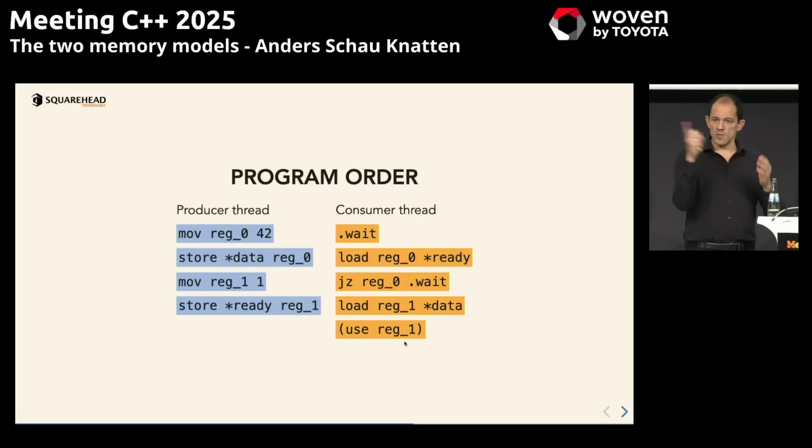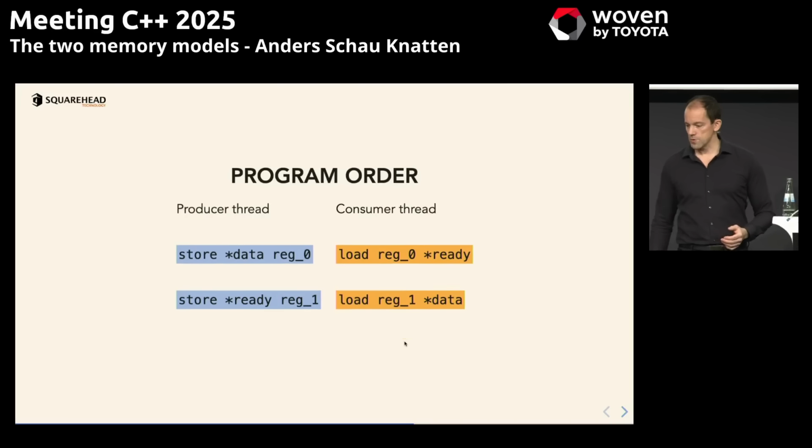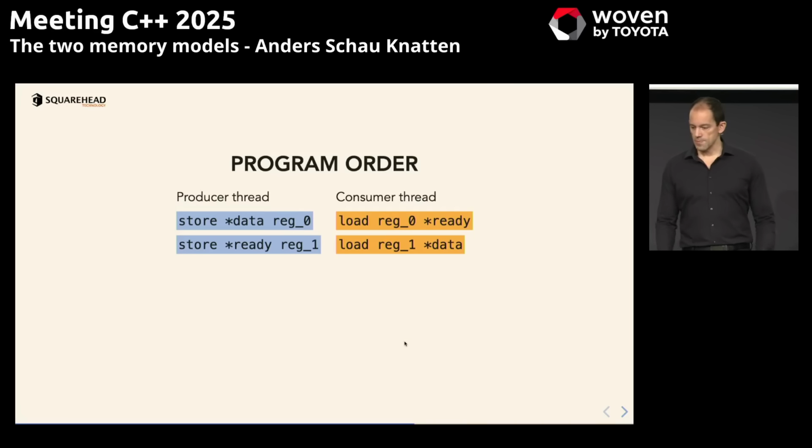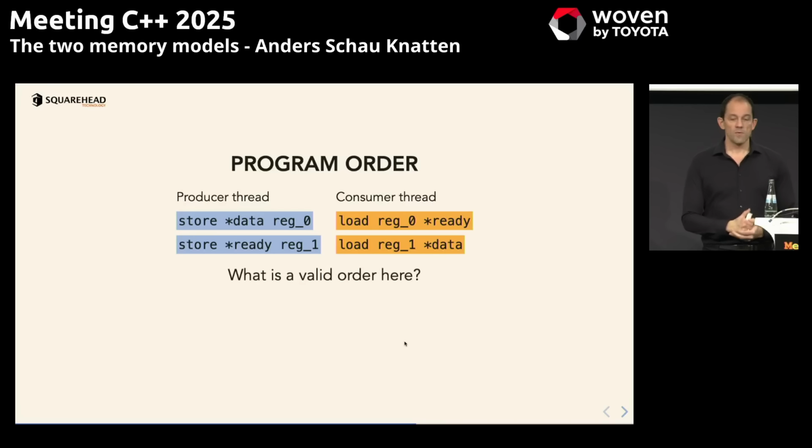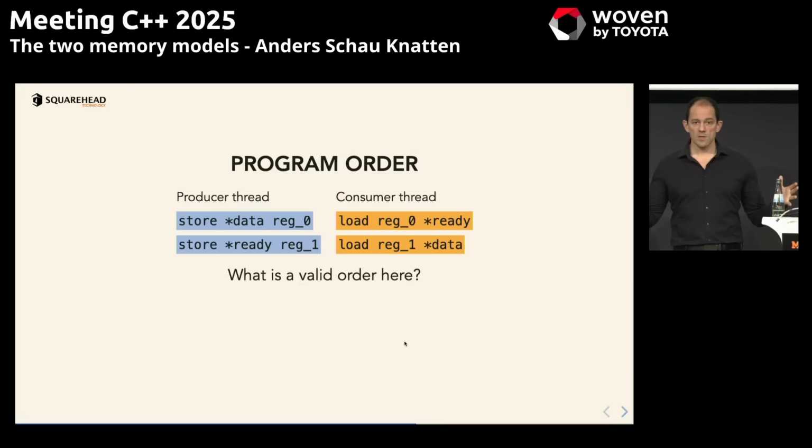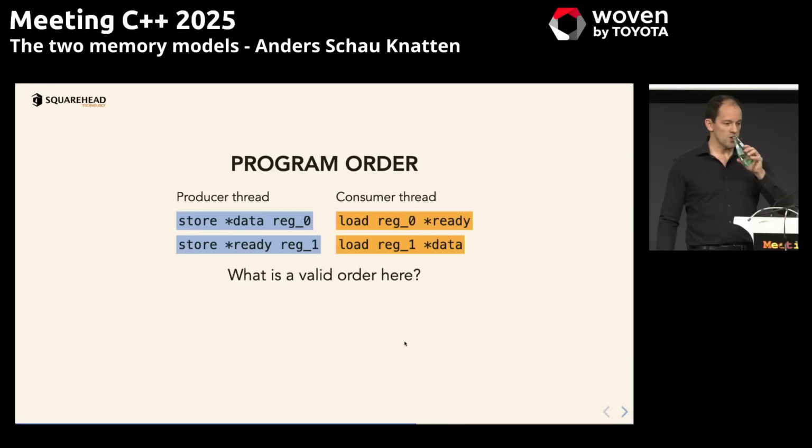And then you have this switch that picks memory locations. And it only cares about the memory operations. So when you think about the memory model on the CPU, you only think about memory operations. So we just remove the other ones. So we only have these two. And then we say, what is a valid order? If the switch picks memory operations in some order, what would be a valid order?